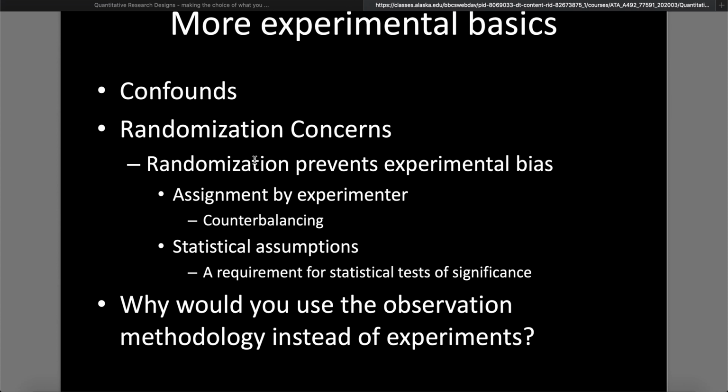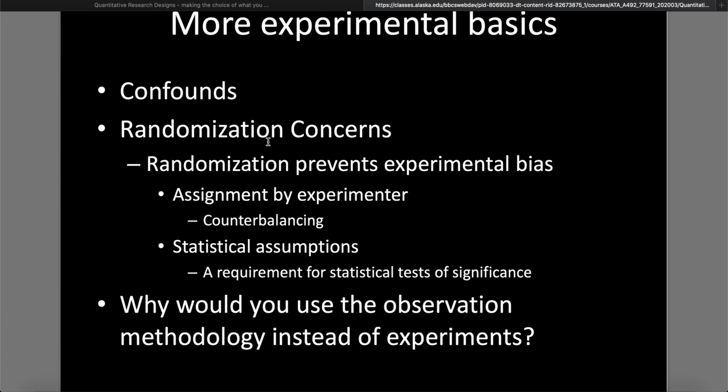What we want to do then is randomize to remove some biases, some issues associated with confounds. So you want to assign people in your sample to the control versus treatment group randomly.